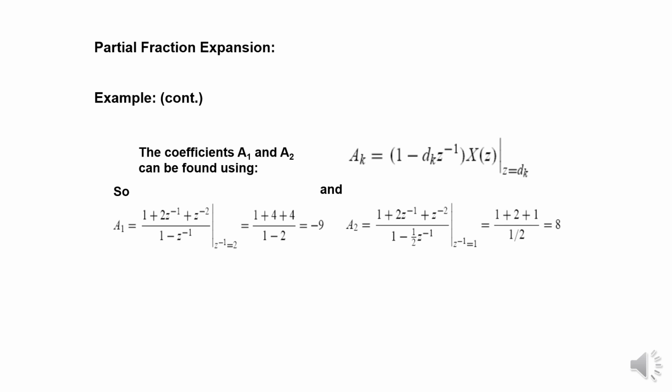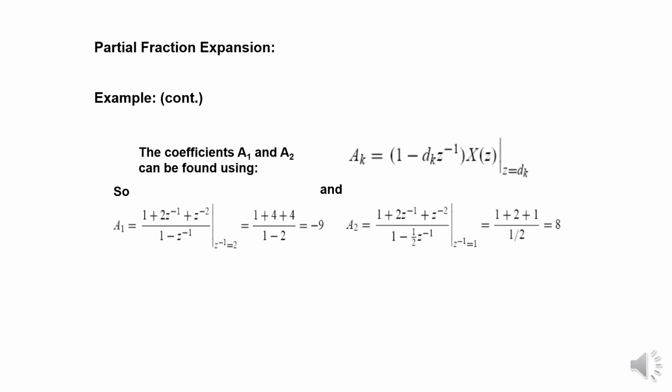Then what you get is 1 plus 2z to the power minus 1 plus z to the power minus 2 divided by 1 minus z to the power minus 1, because the 1 minus 1 over 2 z to the power minus 1 factor will cancel out. To do this you have to write down from the beginning, so you can refer to what X(z) is.